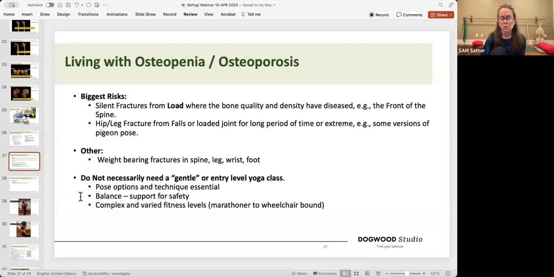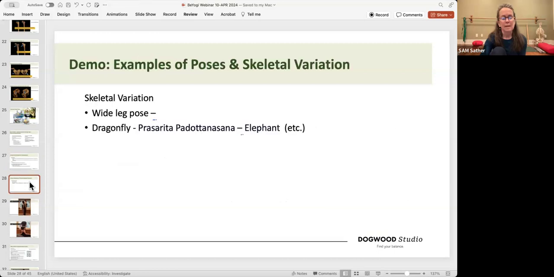Now, with osteoporosis, just know we teach a class called ABS, and it's very vigorous, but all the poses have been modified to not do loaded flexion, for example, or extreme top of the femoral head compression, okay? These are things you just have to learn when you're teaching different audiences.